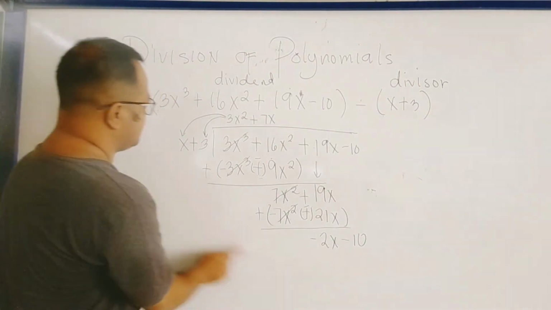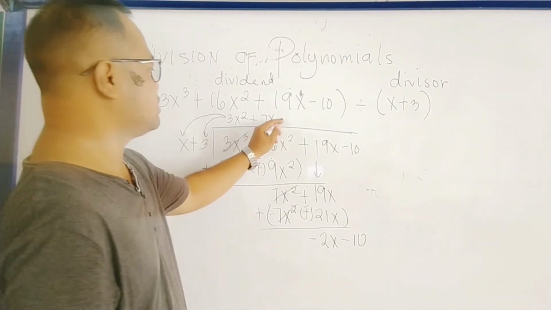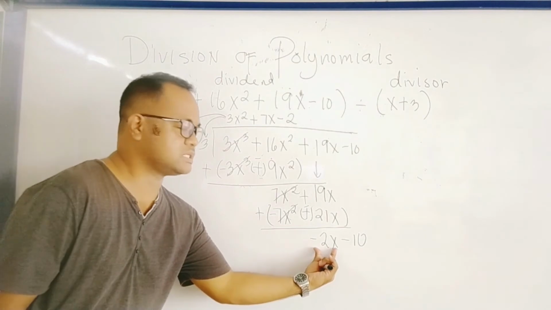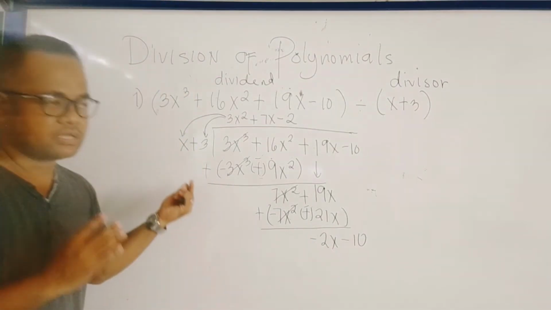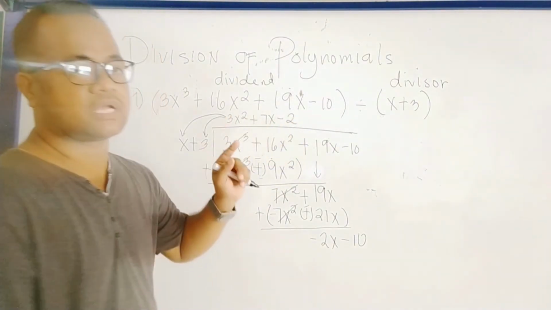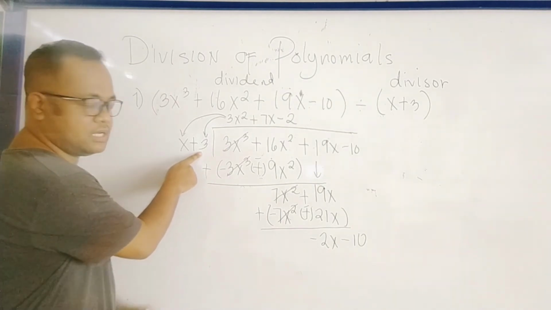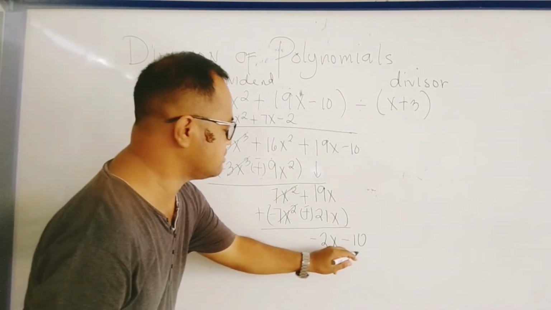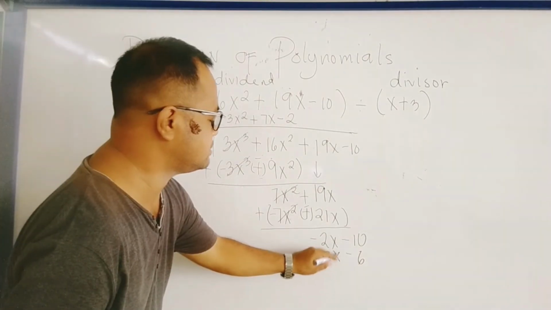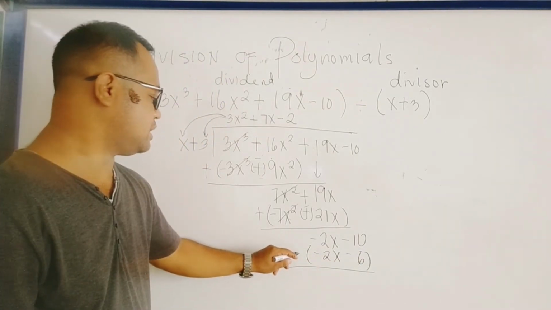Negative 2x divided by x. We just eliminate x there, so we have here negative 2. Why negative? Because this is negative and this is positive. By the sign rule, when you divide unlike signs, the answer is always negative. Then you multiply. Negative 2 times 3 is negative 6. Negative 2 times x is negative 2x. Then subtract.